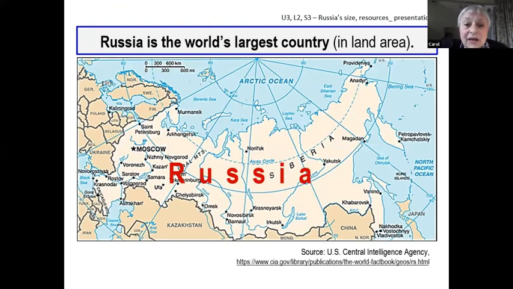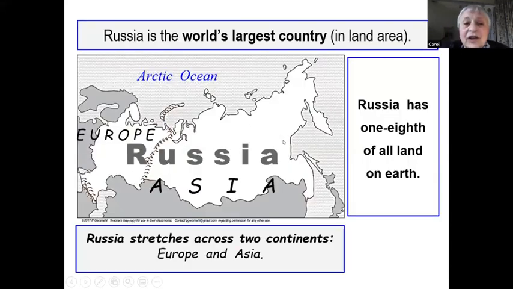This is a CIA map of Russia. You can see where Russia is. It extends touching parts of Europe and then way over into Asia. You can see lots of countries that are smaller that are its neighbors. Here's a simpler way of looking at Russia, one of the layers in the clickable map.